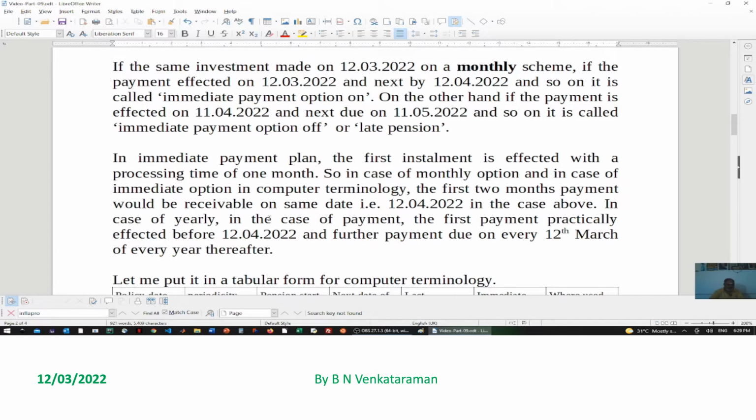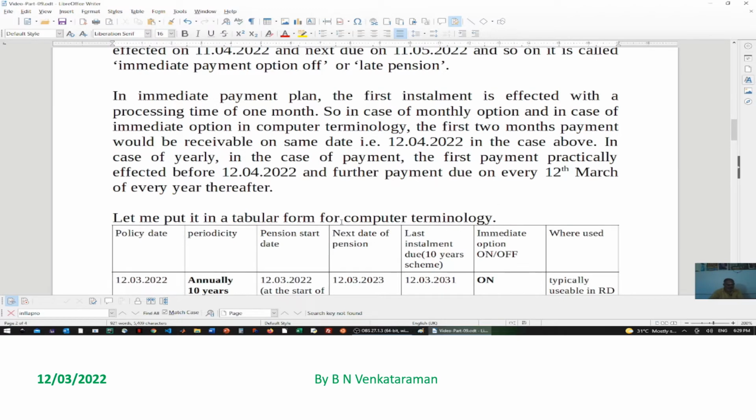In the case of yearly payment, the first payment is practically effected 1 month later, that is 12/4/2022, and further payments are due on 12th March every year thereafter.